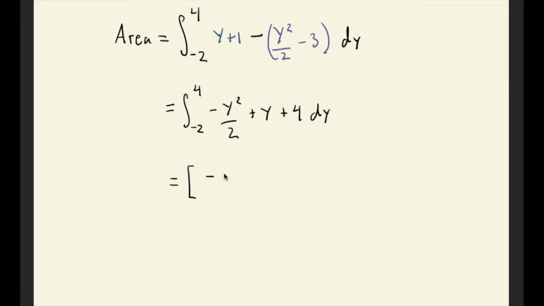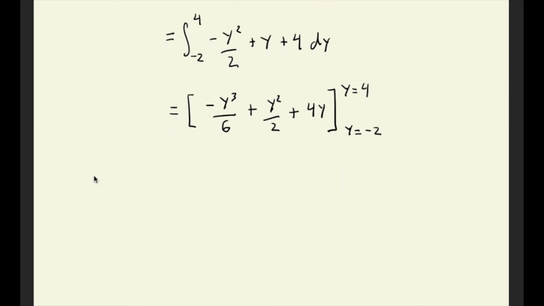This is a minus. This y squared will turn into a y cubed, and you're going to divide by 3, so you're going to be over 6 now. The y will turn into plus y squared over 2, right, with the power rule. And this constant 4 will turn into 4y. Okay. And plug in y equals 4 and y equals minus 2.